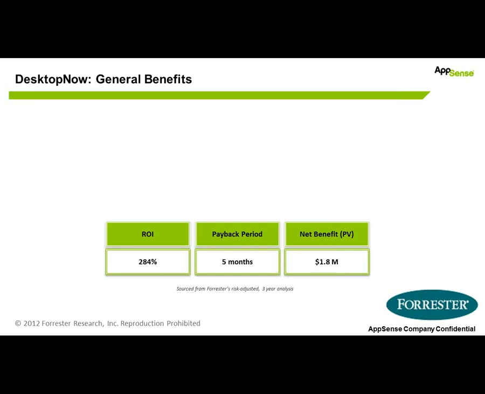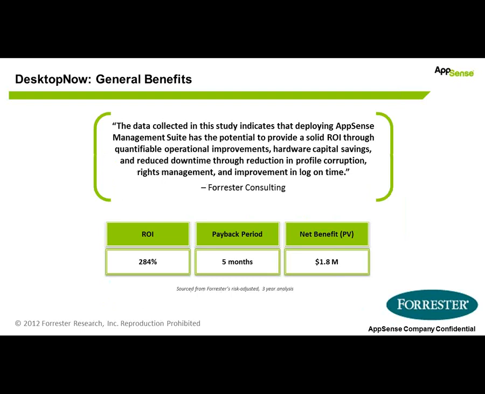That model was built on interviewing several different customers and building a composite model of a 2,500 user organization. It's through enabling quantifiable operational improvements, such as reducing support requirements, reducing hardware capital expenditure, and reducing downtime associated with profile corruption, log-on times, user rights management and privilege management, that this all comes together to give a very clear and accurate financial saving.